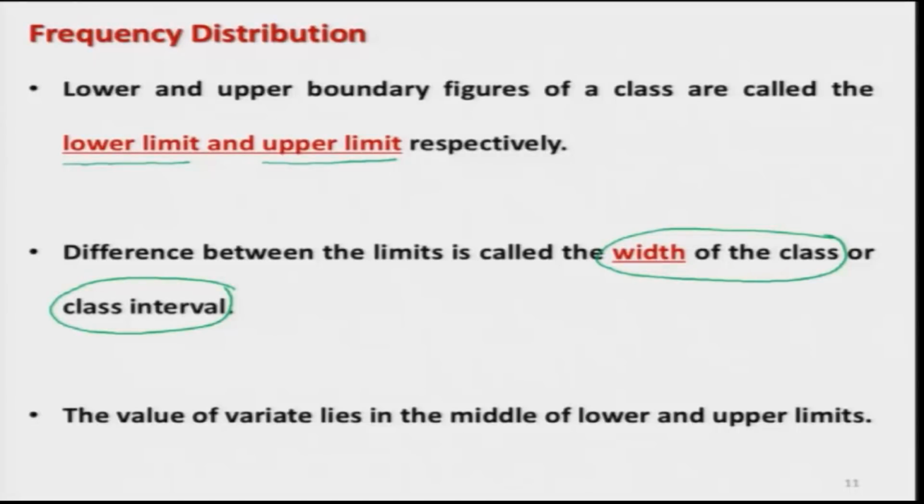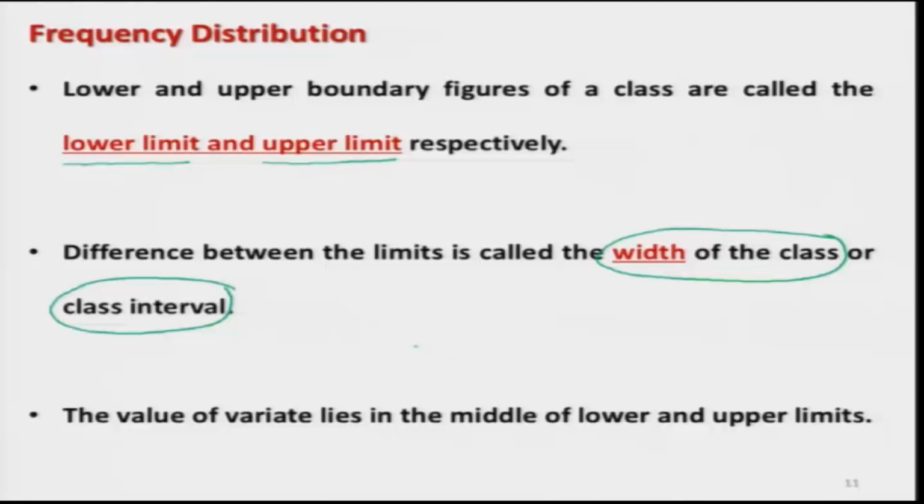Now, whatever is the value in the mid of this interval is called the mid value. And the advantage of this mid value is that when we are trying to group the data, the data will be scattered over the entire interval, but we assume that the entire set of data is concentrated only at the mid value. So, what will really happen here?